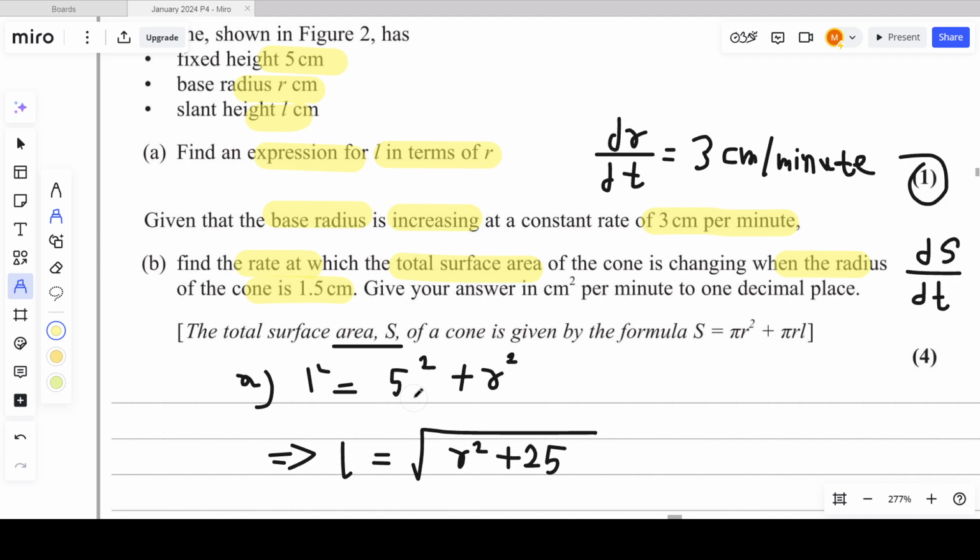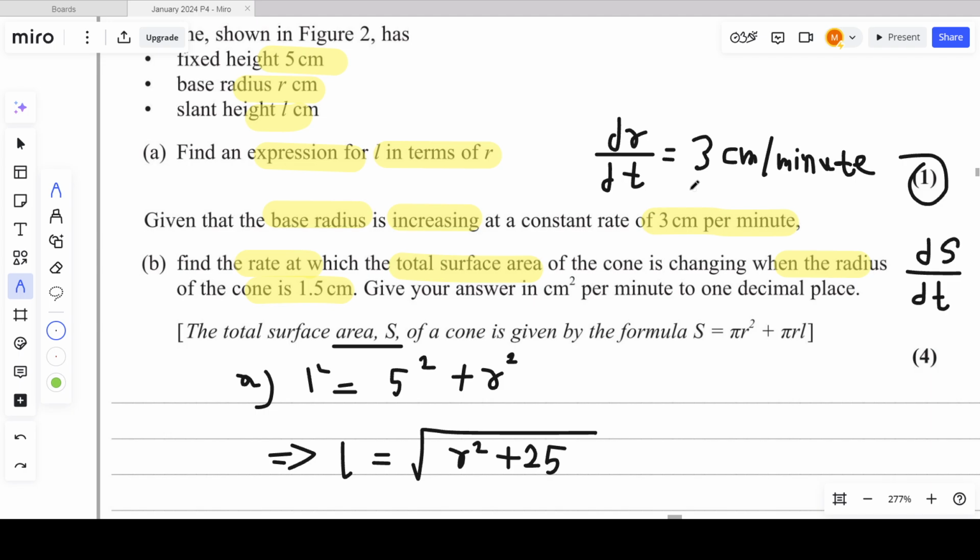What's the rate of change equation here? dS/dt. So we will represent dS/dt in terms of the known rate of change equations. Figure out what the known rate of change equations are here. We know dr/dt. This is a rate of change equation, isn't it?